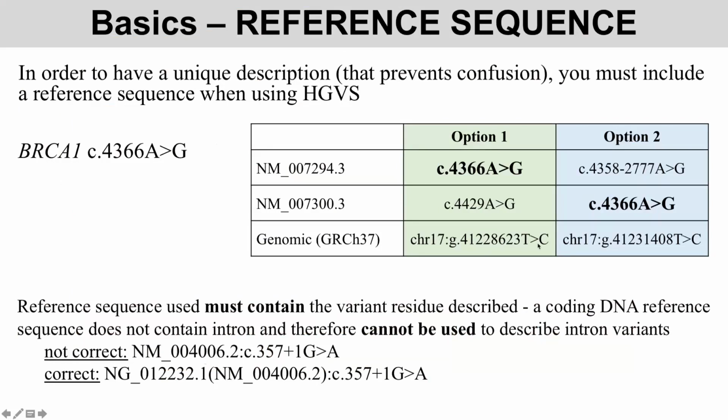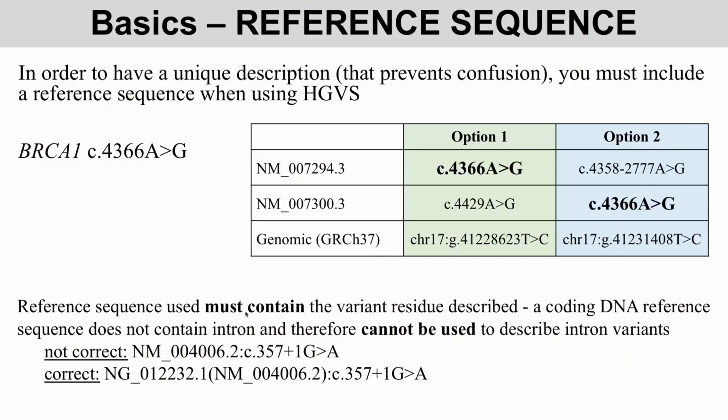And so again, if you're only saying the gene and a c dot, that really is not enough information. Often this is how we talk about a variant because we assume someone knows what transcript we're talking about and everything. But when you're really presenting the full HGVS expression, you do need to include the transcript, or whatever your reference sequence is, to avoid issues like this where there's some ambiguity in what variant you're actually talking about.